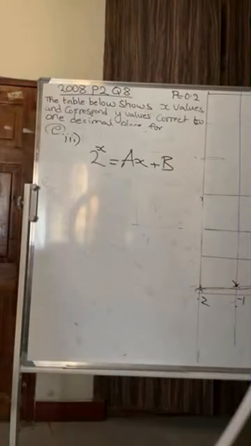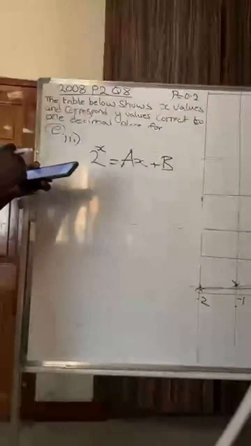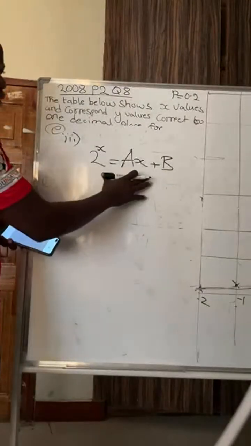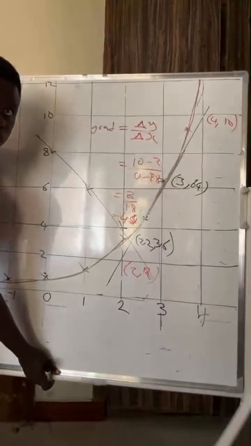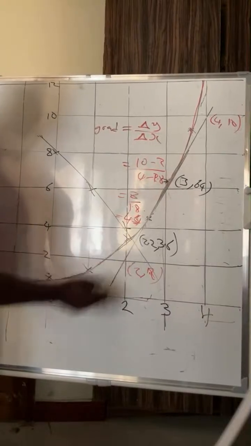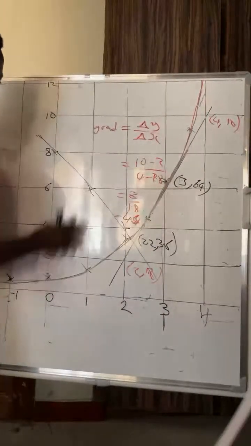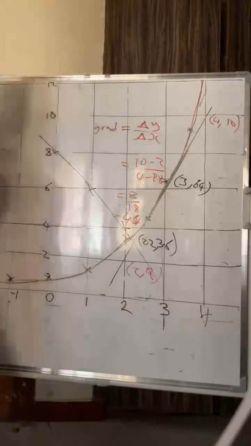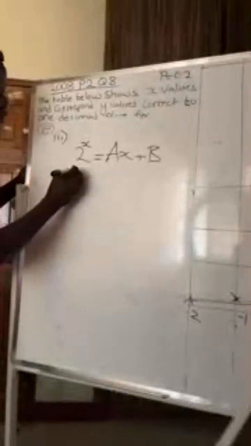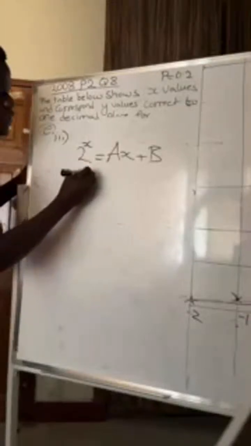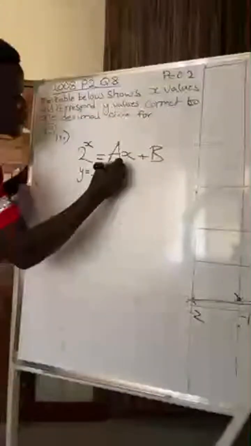Now, the x coordinate of this point of intersection satisfies this equation. The point of intersection is where the curve and the straight line meet. The equation of the curve is y equals 4 over 5 times 2 to the power x.